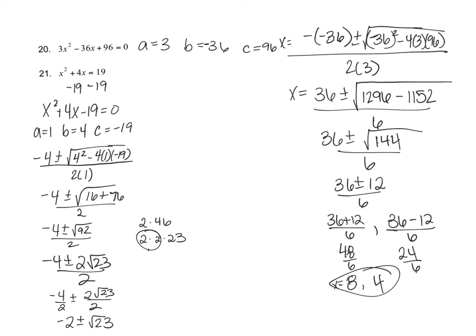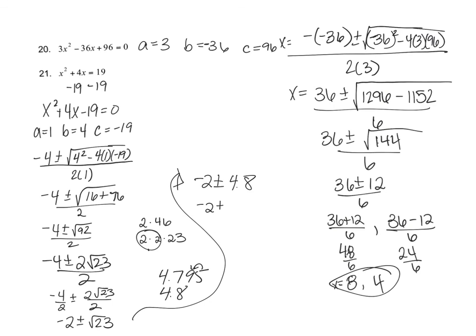And now if I wanted a decimal approximation, that's where I want to get it. The square root of 23 is 4.795, so to the hundredths place that rounds up the 9, which rounds up to 4.8. So it becomes, I'm going to work up here, negative 2 plus or minus 4.8.